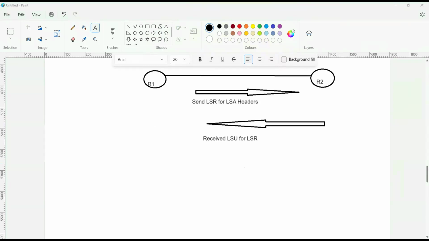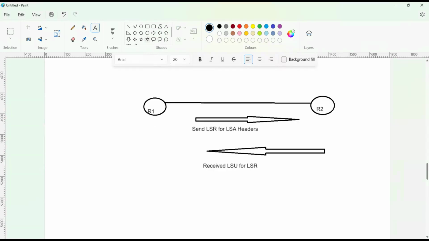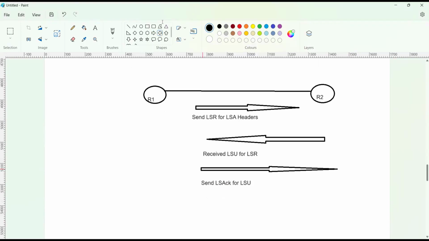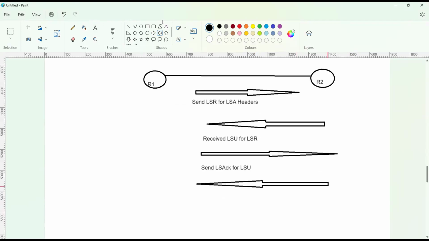He'll send an acknowledgement: yes, I got all the prefixes you sent. These are the messages. Again, this router will ask for LSR: whichever prefixes you have, just share them with me.